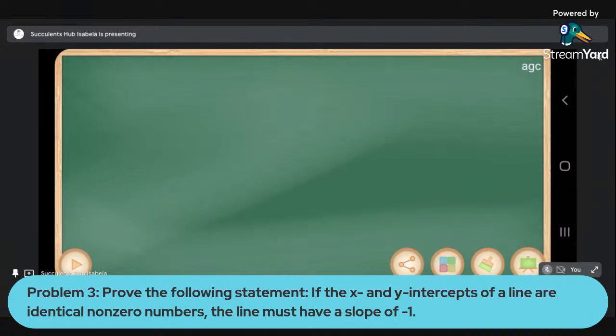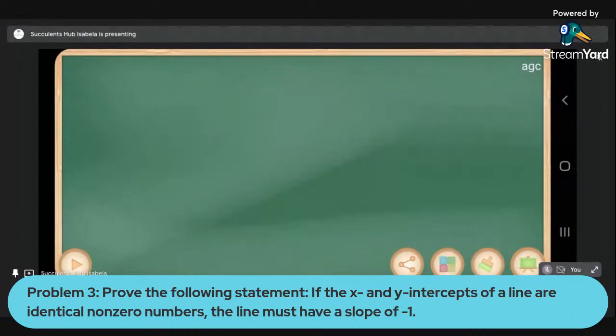These are the points where a line crosses the x-axis and the y-axis. At the x-axis, that is our x-intercept. At the y-axis, that is our y-intercept. But it says here that x and y are identical, so they are equal.